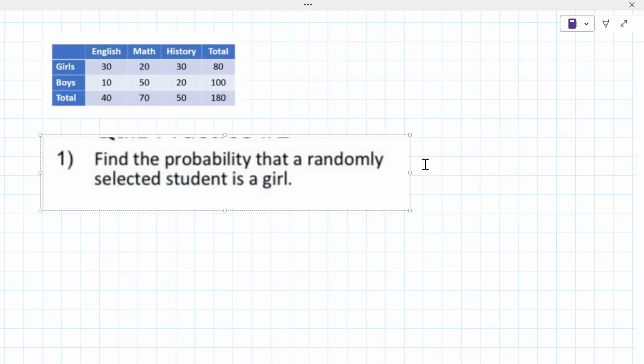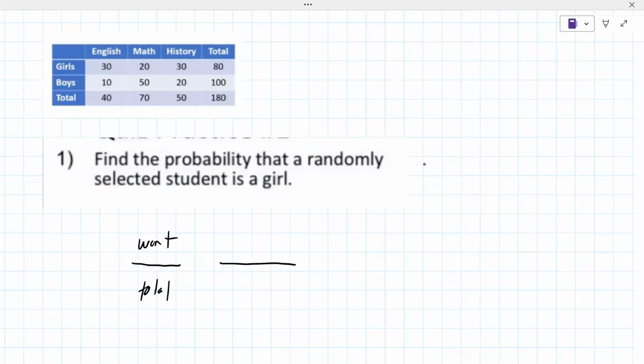So find the probability that a randomly selected student is a girl. Probability here is two numbers. It's a ratio. The number on top is the one you want, and the number on bottom is the total. Sometimes the total is the super total, grand total, and sometimes it's a row total or a column total.